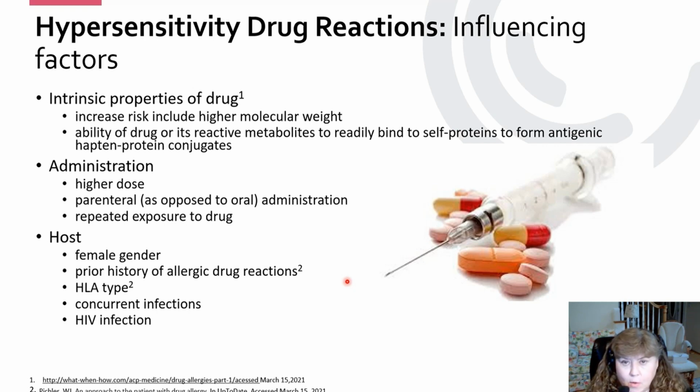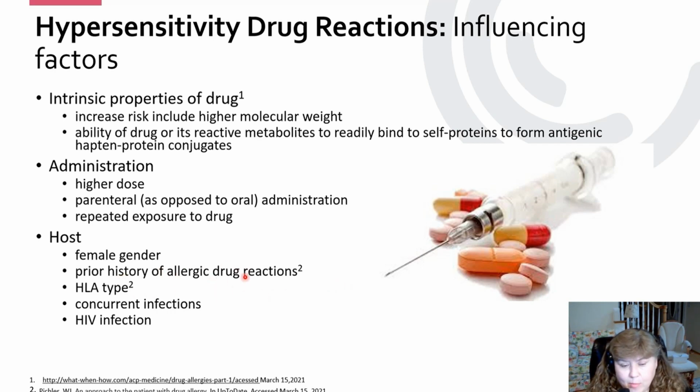It also depends on how much we give. We know higher doses of medications are more likely to lead to IgE-mediated reactions. Whether or not we give it IV versus oral, IV seems to lead more towards IgE-mediated reactions. And then there are some host factors also. We know that for whatever reason, the female gender is more likely to have drug allergies.